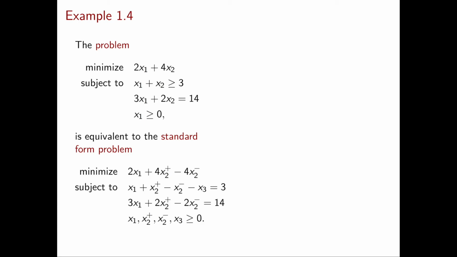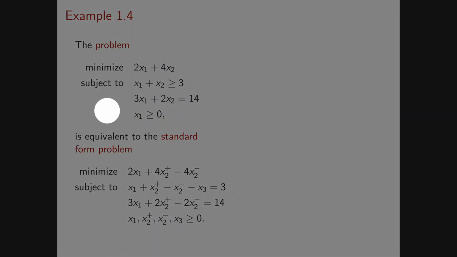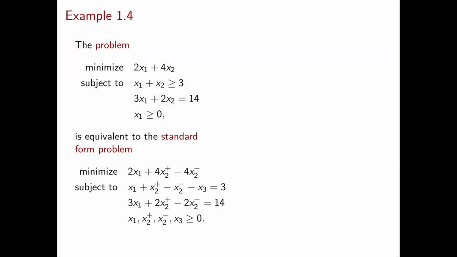However, all this discussion is 100% hand-wavy and not really clear from a mathematical perspective. In fact, what we should do now is formally define what it means for two problems to be equivalent and actually show that our transformation maps a problem into an equivalent one.